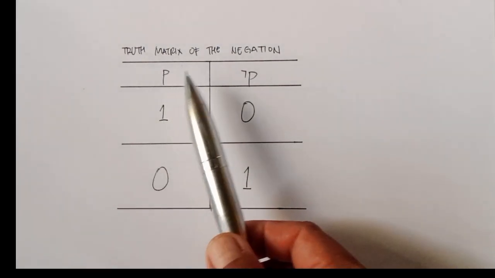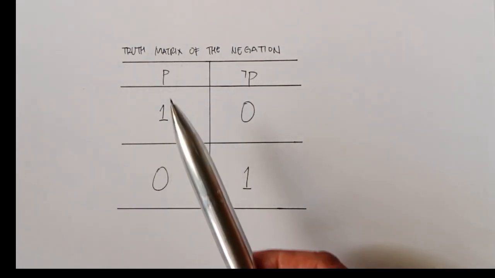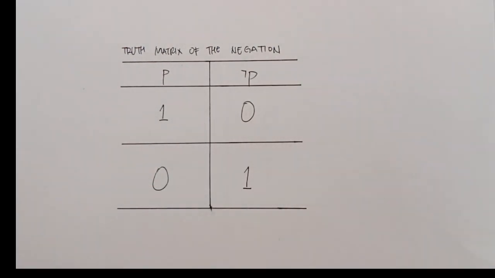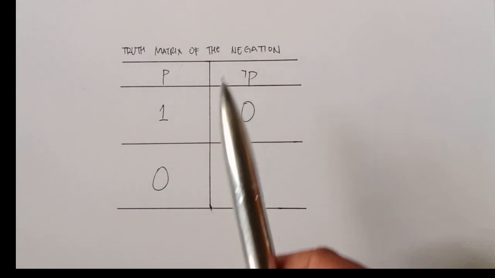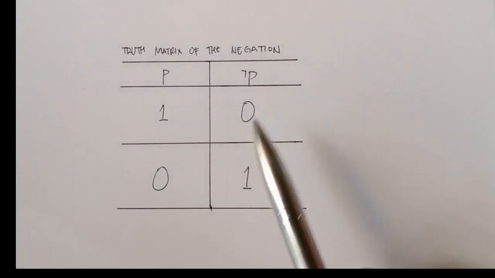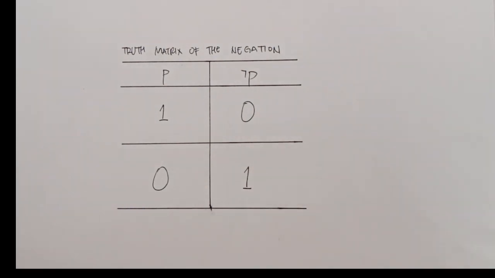So the truth matrix of the negation: if we have the proposition P and the negation of P, if the statement is 1, then the negation will be 0. Then, if the proposition is 0, then the negation is 1.